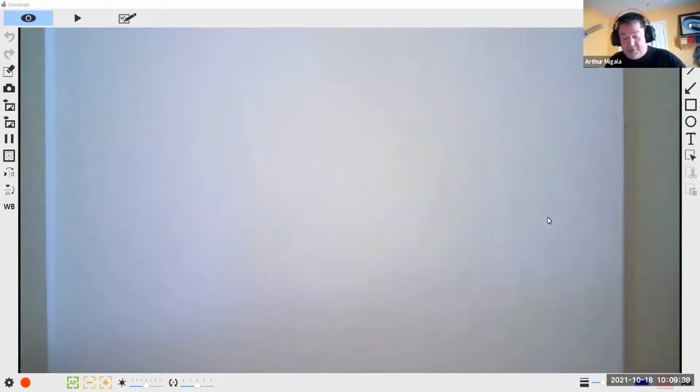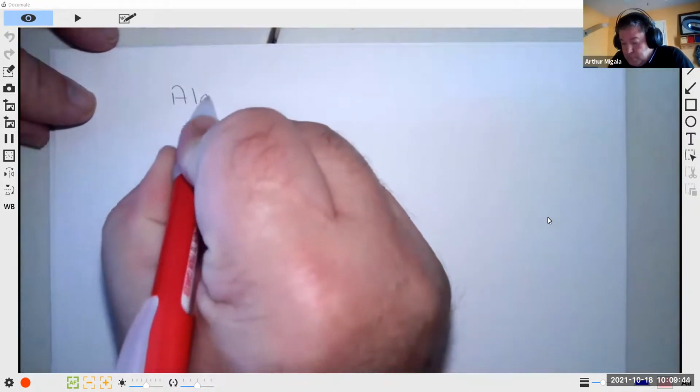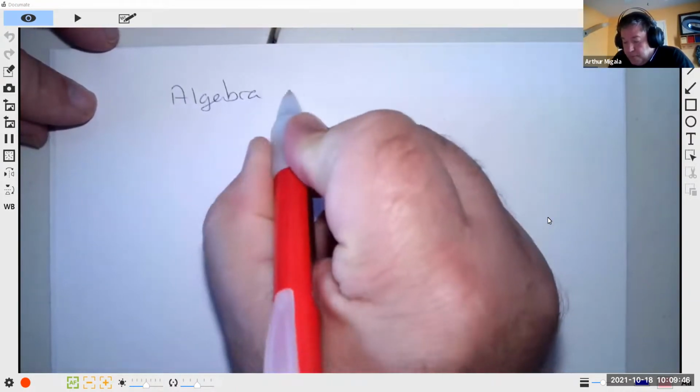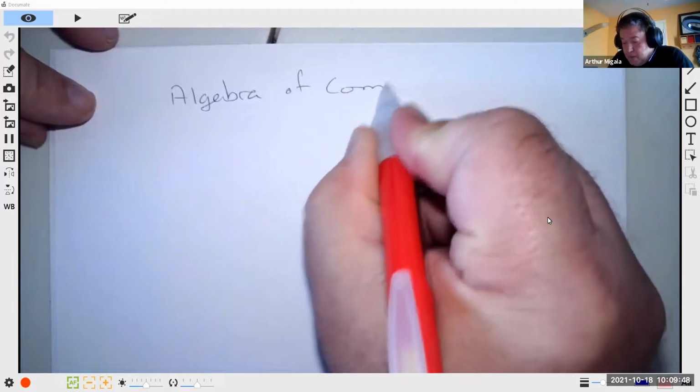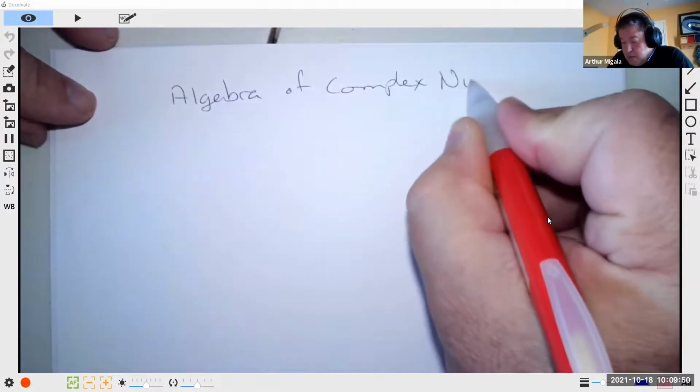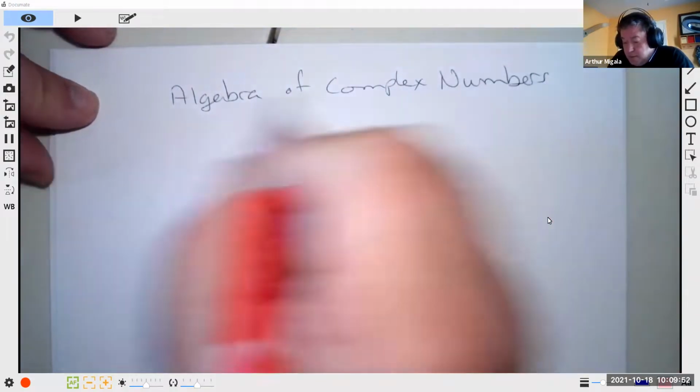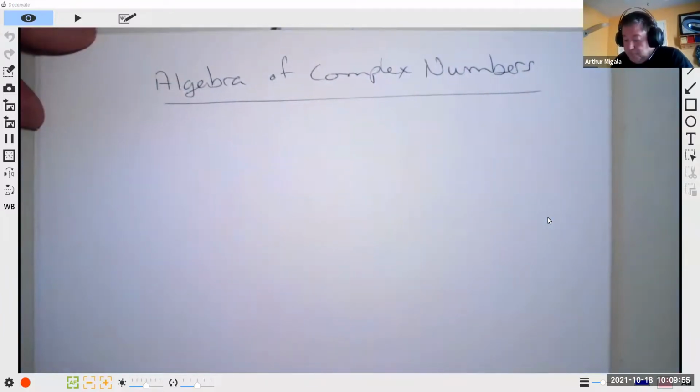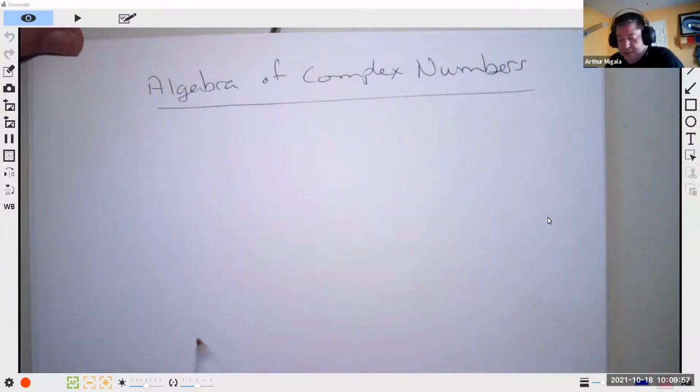Okay, so now let's look at the algebra of complex numbers.